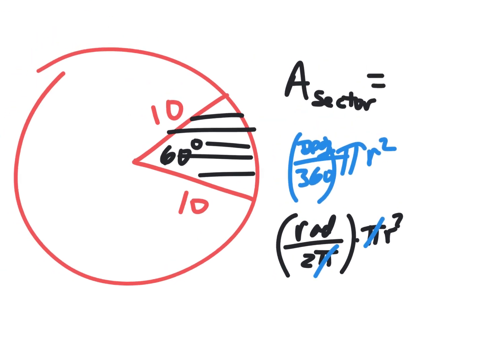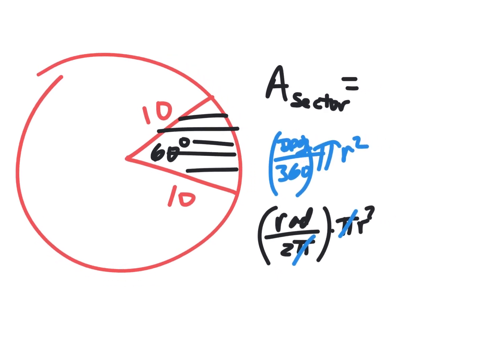So if you do it in radians, it's the radians divided by 2 times r squared. And if you do it in degrees, it's degrees out of 360 times pi r squared. If I give you the formulas, this should be way too easy. So take a second, get it done, and then go back to that Schoology quiz.